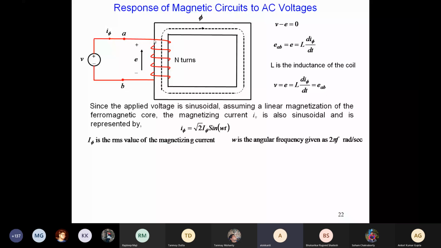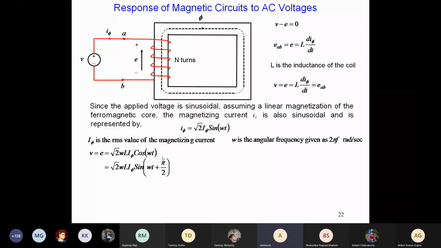So your V, which is equal to E, if you substitute here, you get root 2 omega L I phi cos omega t. This omega is coming because of the differentiation. Represented as a sine, it is root 2 omega L I phi sine of omega t plus pi by 2.